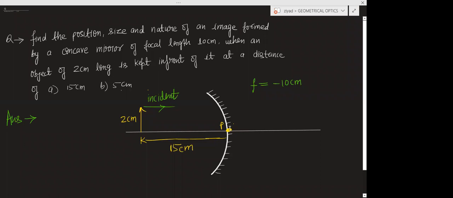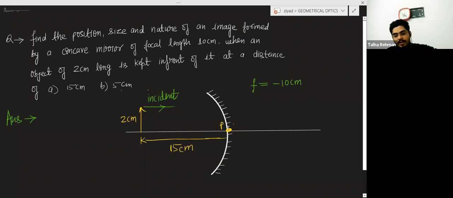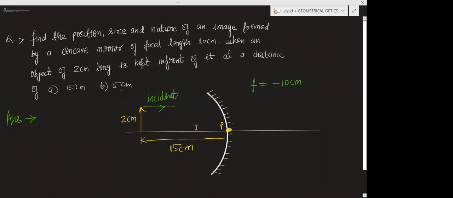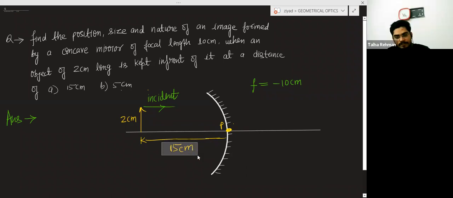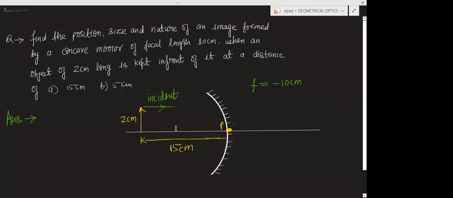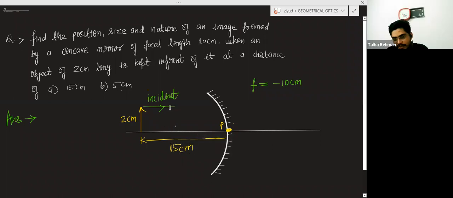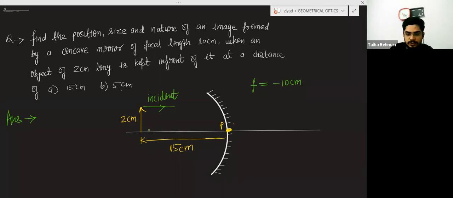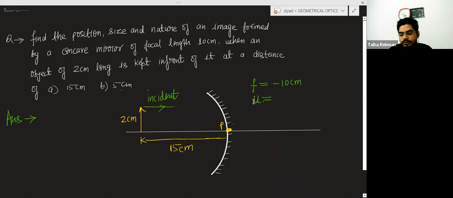For measuring the object distance, you will measure from the pole, and for measuring the distance, you will go in this direction. So this object distance also will be negative. This will be negative, not positive. Why? Because this is the direction of the incident ray, and in this direction you are measuring the distance. So that is why the object distance, small u, you will take as minus 15 centimeter.